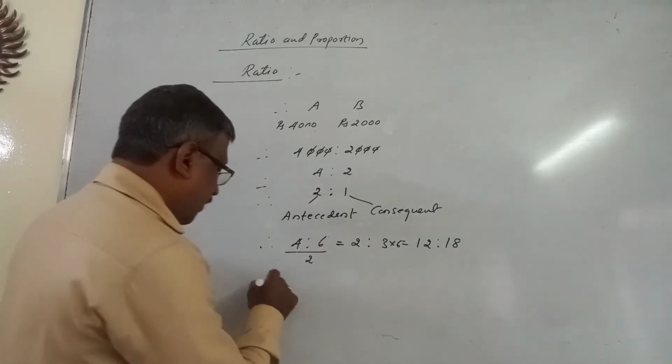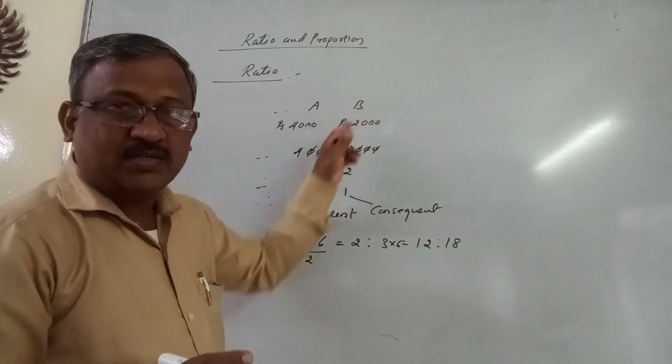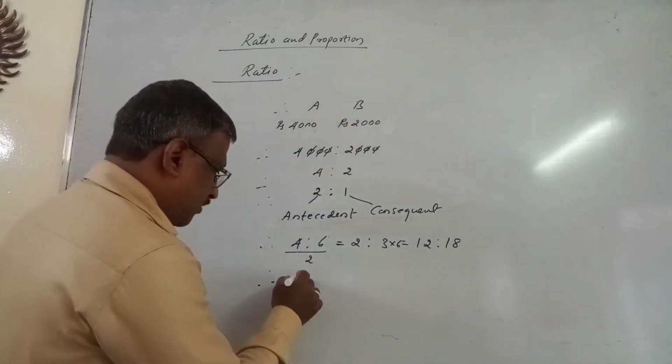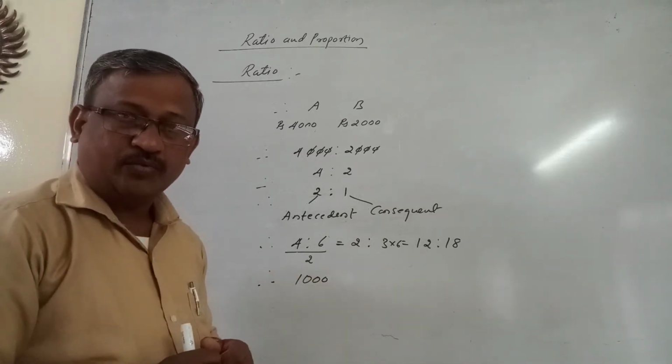Suppose there are two partners, A and B, and suppose they have earned a profit of rupees 1000.